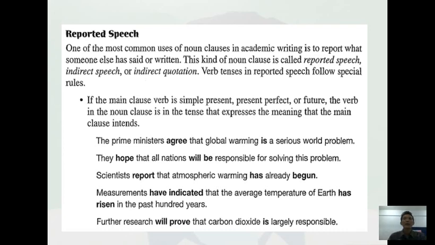For example, if the main clause verb is simple present, or present perfect, or future, the verb in the noun clause is in the tense that expresses the meaning the main clause intends. The Prime Minister agreed that global warming is a serious world problem. Here, they hope that all nations will be responsible.